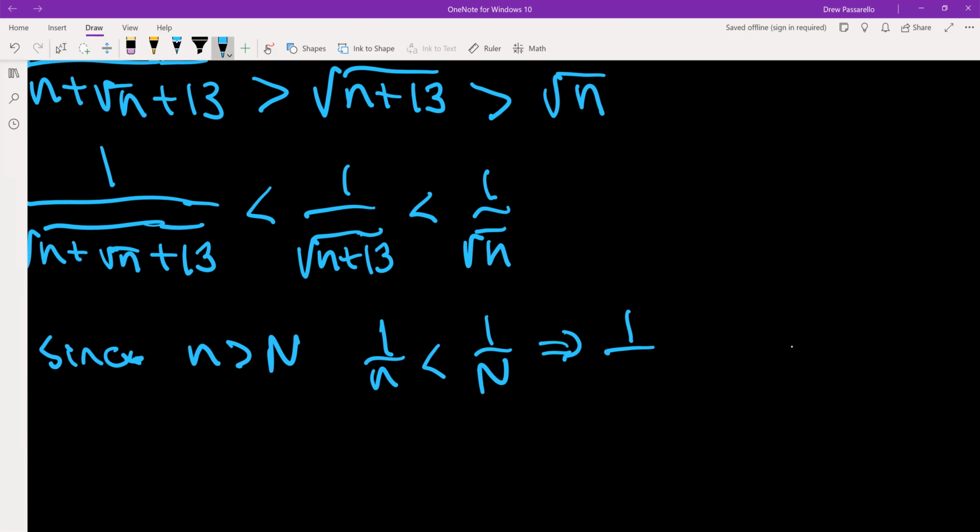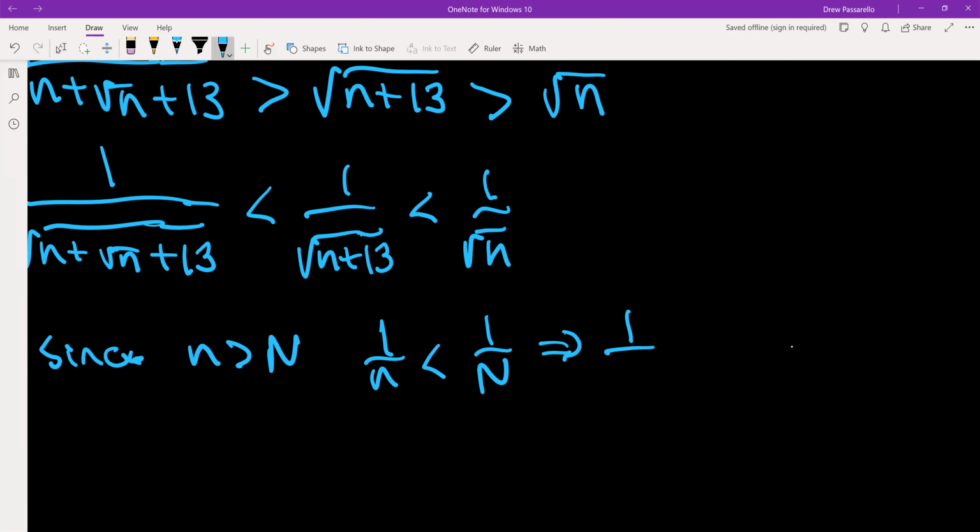1 over the square root of capital N. And we need all of this to be less than epsilon. And that's where we had the proof in part A. We actually found that N needs to be greater than 1 over epsilon squared.